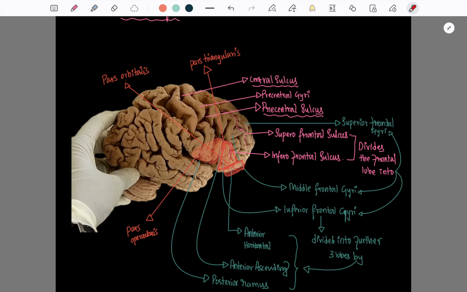Now in the frontal lobe, you can see a sulcus here called the superior frontal sulcus. Here another sulcus is seen, the inferior frontal sulcus.